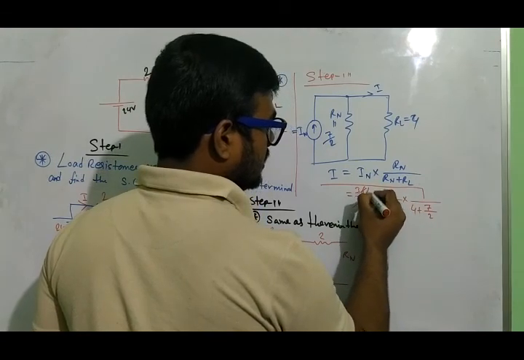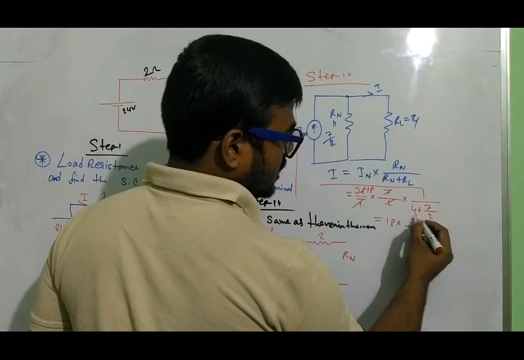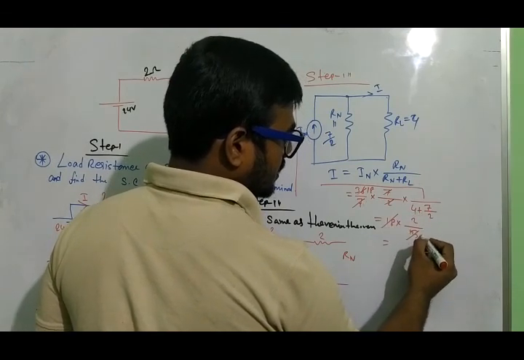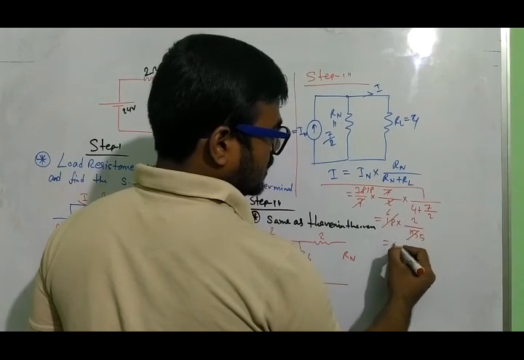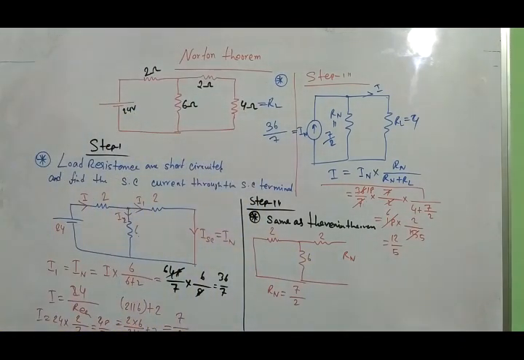This gives 12 by 5. This is the answer. In the previous problem, when I did the Thevenin theorem, I got the same answer, 12 by 5.